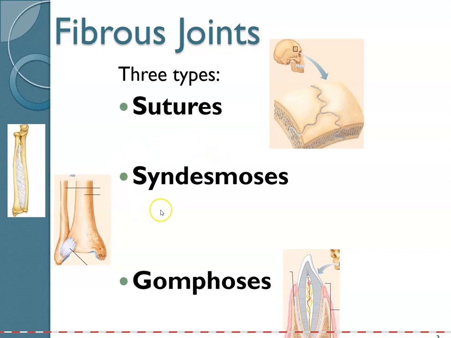So two places you want to remember about syndesmosis. We can find it in the distal tibia and fibula joint. So right at our ankle we'll have some ligaments that join the bone to bone. That will allow us a little bit of movement, and it's made up of fibrous joints. So that's syndesmosis. Another one, a beautiful one, is between our diaphysis of radius and ulna.